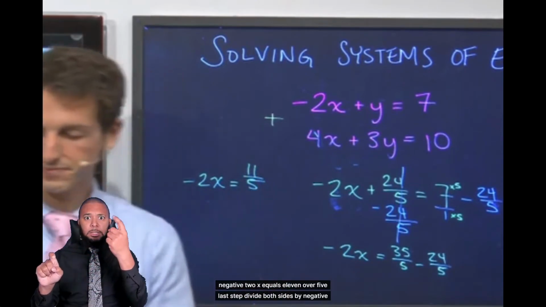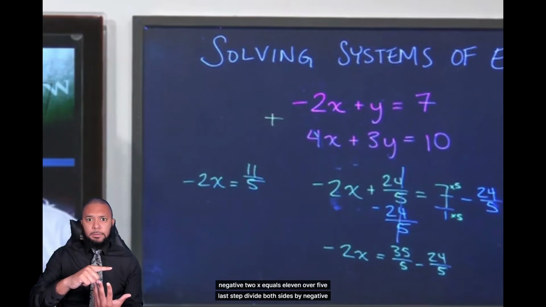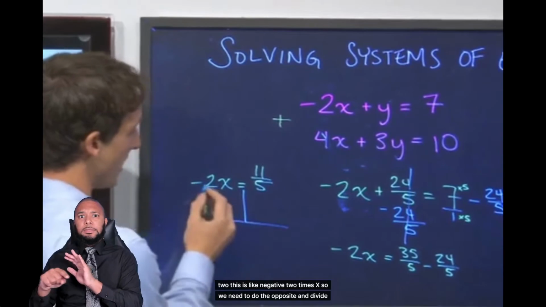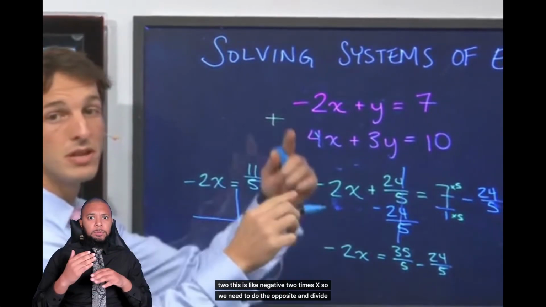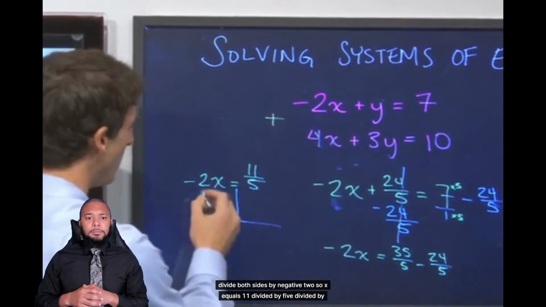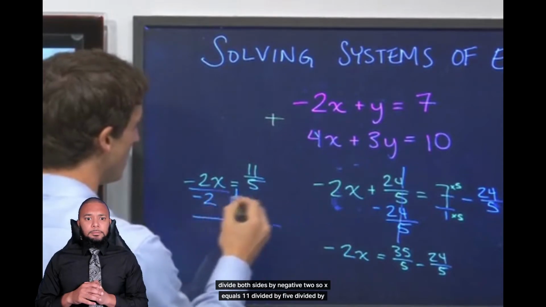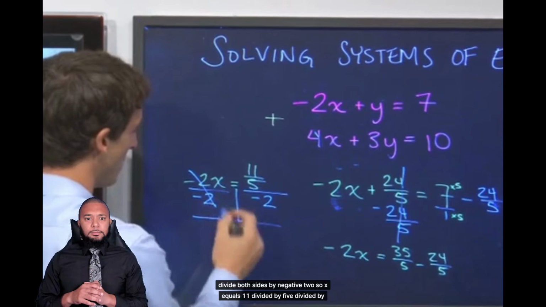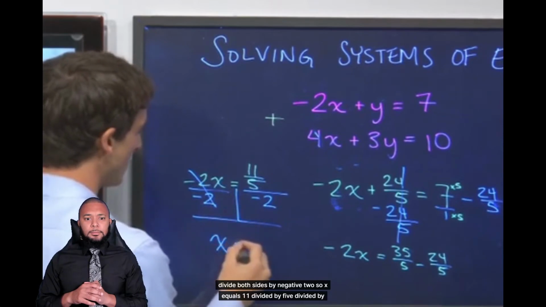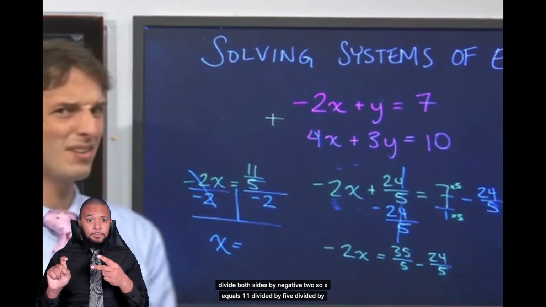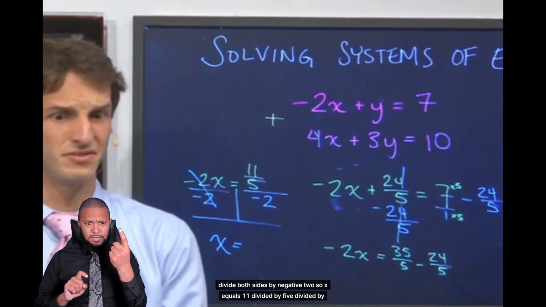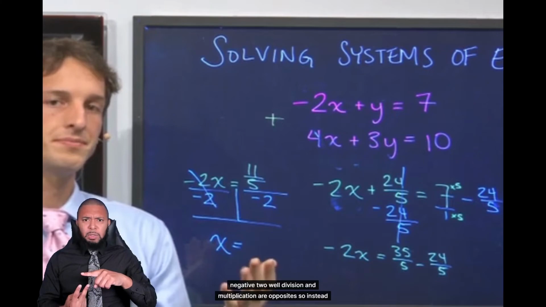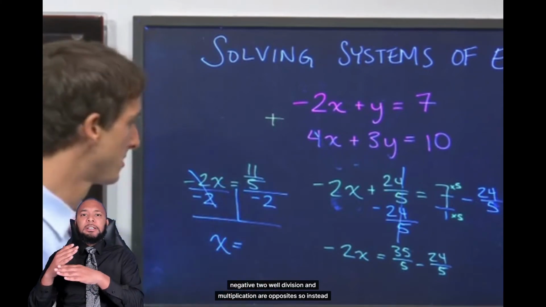Last step, divide both sides by negative 2. So this is like negative 2 times x, so we need to do the opposite and divide. Divide both sides by negative 2. So x equals 11 fifths divided by negative 2. Well, division and multiplication are opposites.